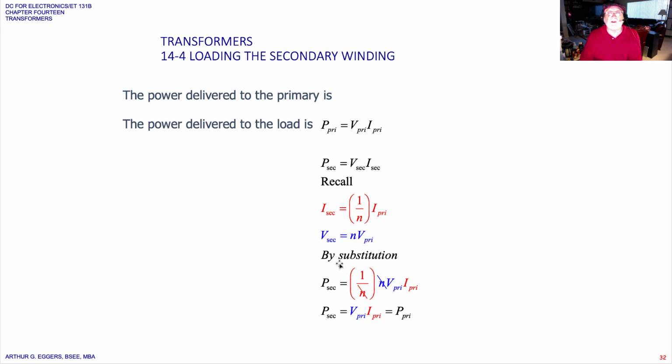Then by substitution, you notice I've got them color coded here, let's substitute the red value in for I secondary, the blue value in for V secondary. Okay, so we put the secondary in terms of the primary. So the N's cancel out, we get V primary, I primary. So P secondary is equal to V primary, I primary, which gives us P primary. So it's just a relationship of moving terms around and solving one in terms of another.